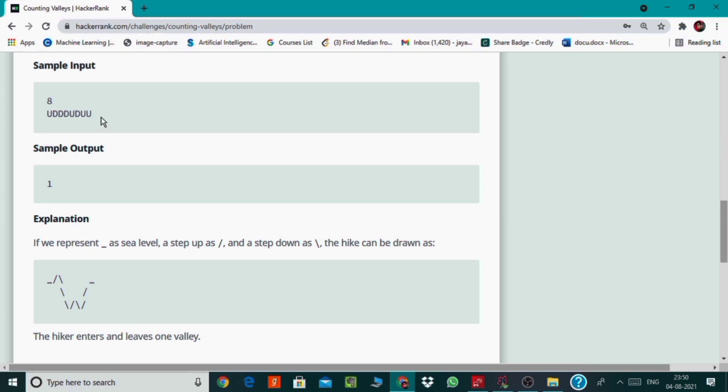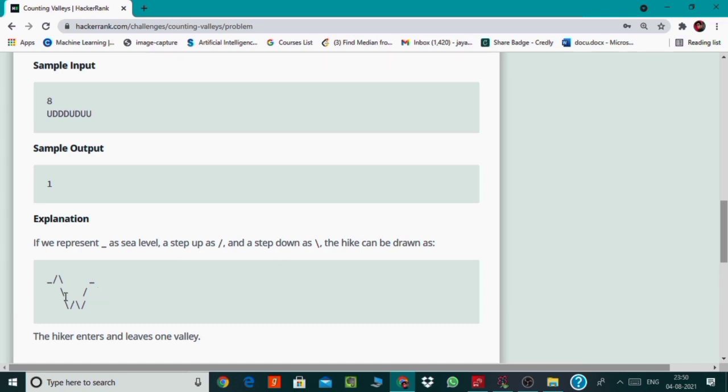So let's understand this example first. Here we are given a string which has U and D, where U represents that we are moving 1 unit up, and D represents that we are moving 1 unit down. In the figure, we have represented underscore as the sea level and the slashes as step up and step down.